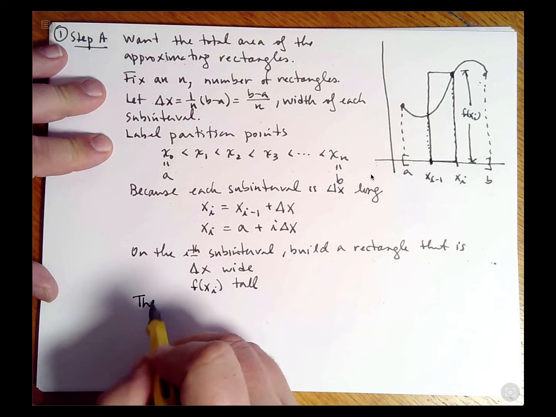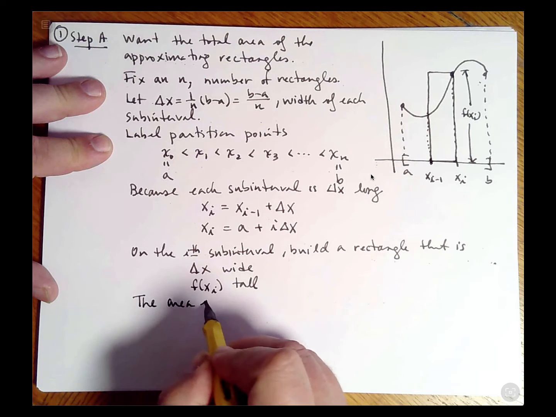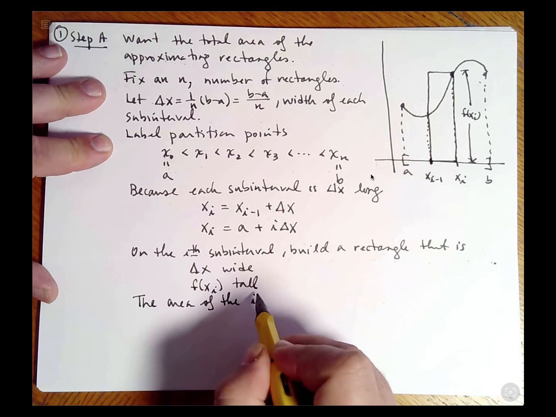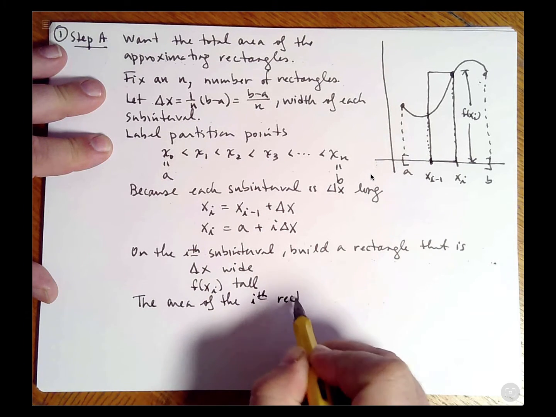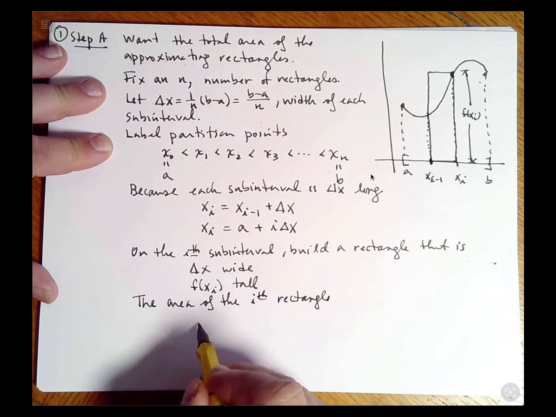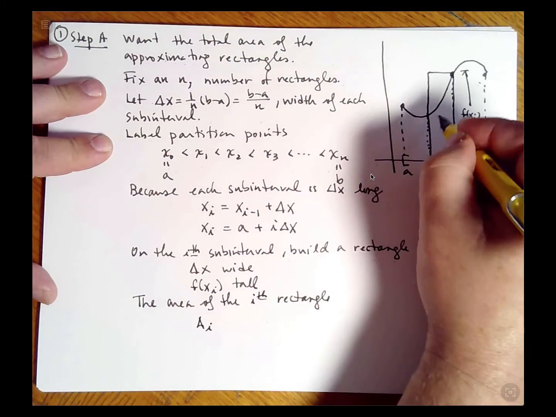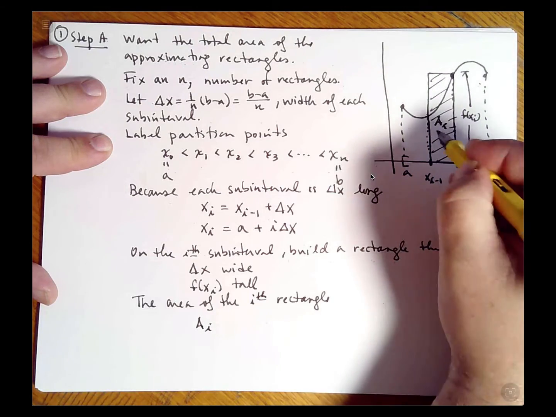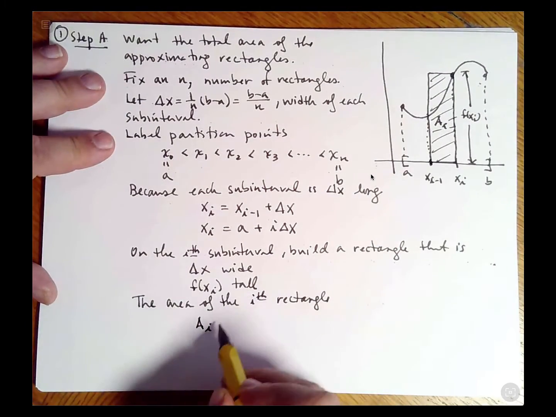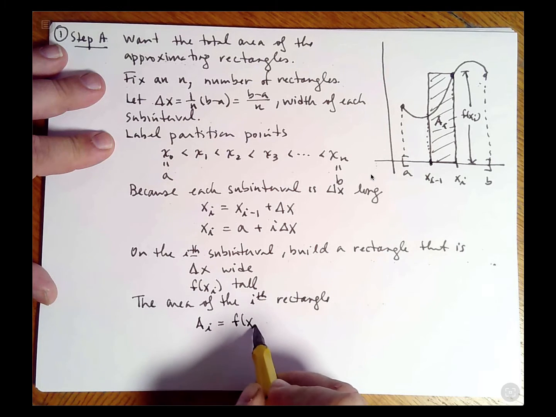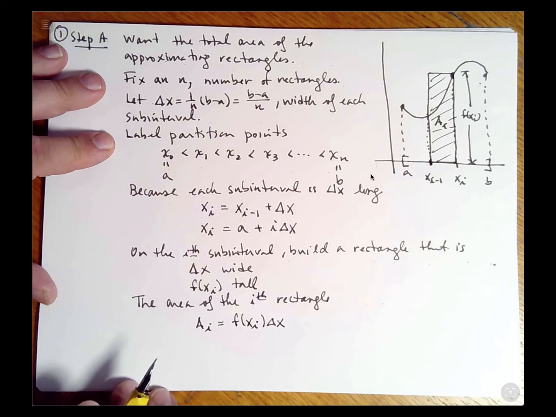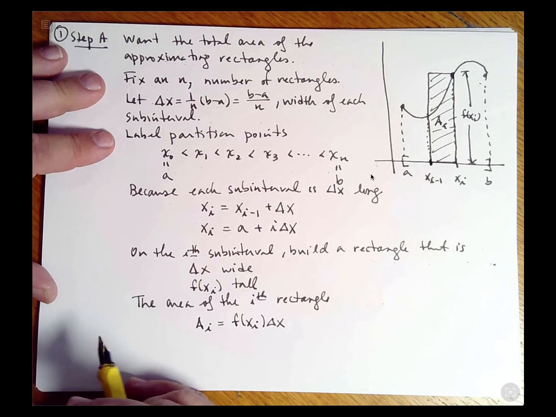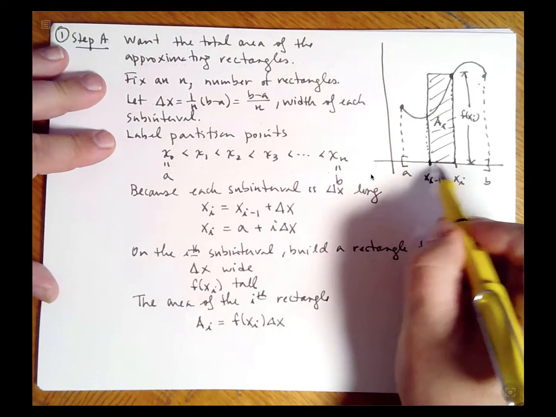The area of the ith rectangle, this rectangle I just drew, I'm going to call that a sub i. So we'll put that a sub i in there. Well, area is the length times the width. Now we do this for each of the subintervals here.